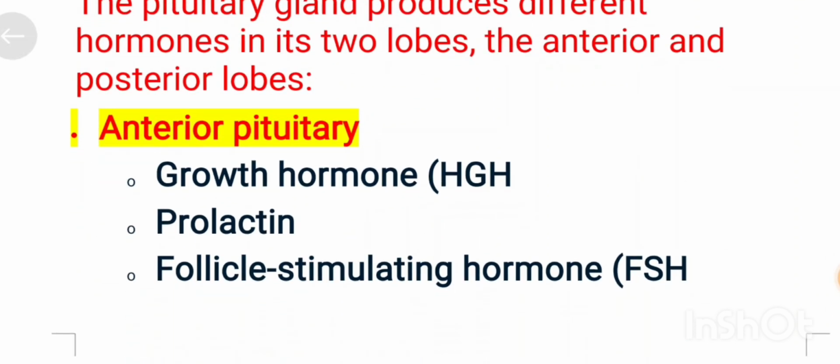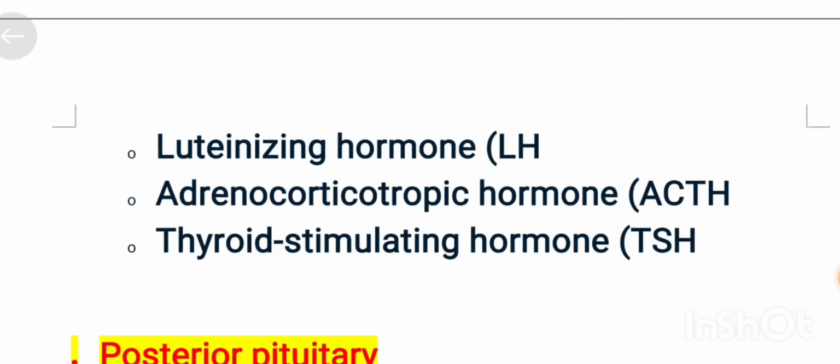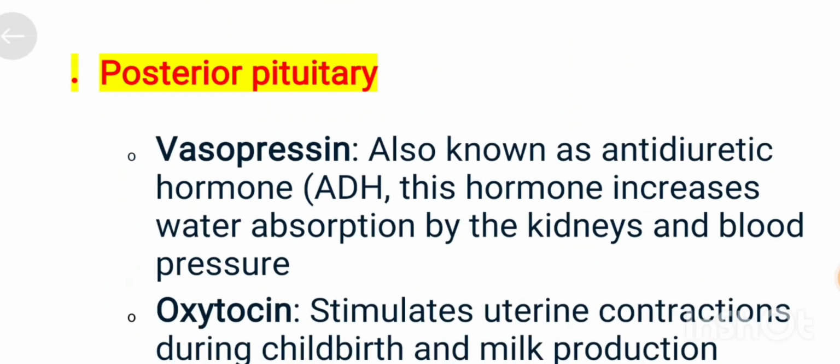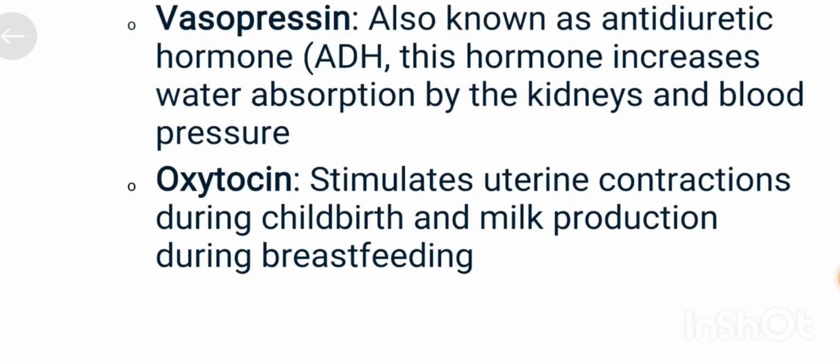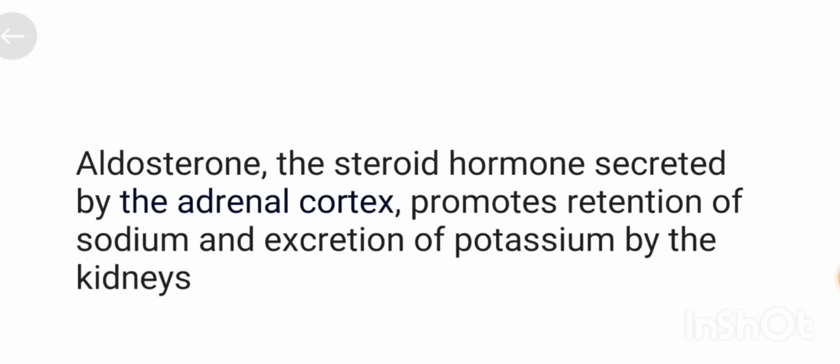Anterior pituitary hormones are growth hormone, prolactin, FSH (follicle stimulating hormone), LH, ACTH and TSH (thyroid stimulating hormone), and the posterior pituitary produces vasopressin and oxytocin. Aldosterone, the steroid hormone secreted by the adrenal cortex, promotes retention of sodium and excretion of potassium by the kidneys.